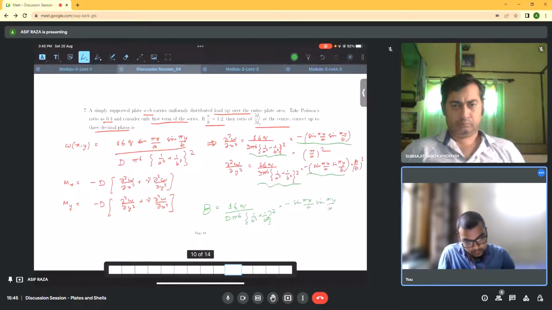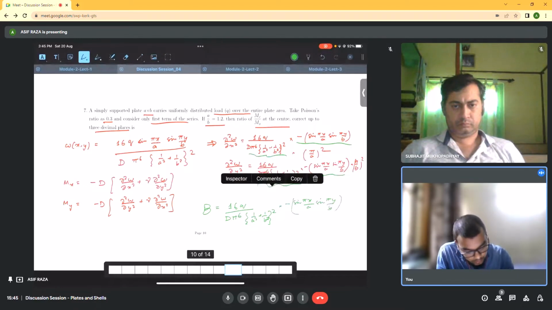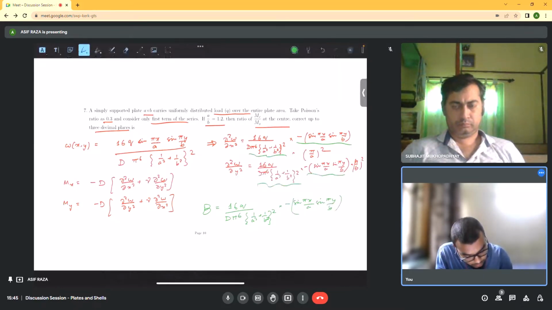Then del square W by del x square can be written as B times pi by A whole square, and del square W upon del y square can be written as B times pi by B whole square.